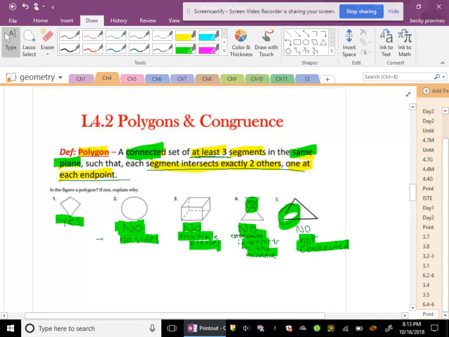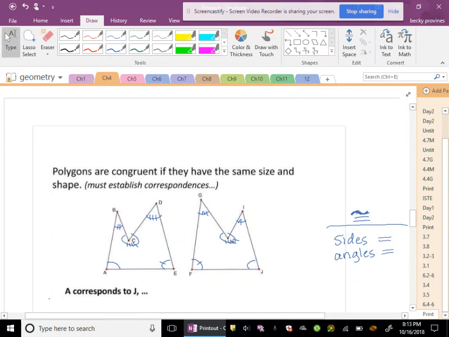Okay, so now we're going to start this chapter talking about how polygons and more specifically triangles are congruent with each other. When a figure is congruent, and this is a congruent symbol over here, it's not a very pretty one. Let's see if I can make it better. That's a better one.